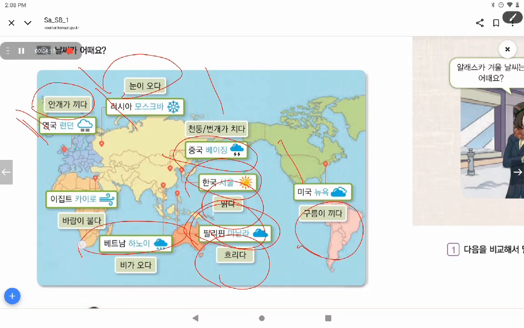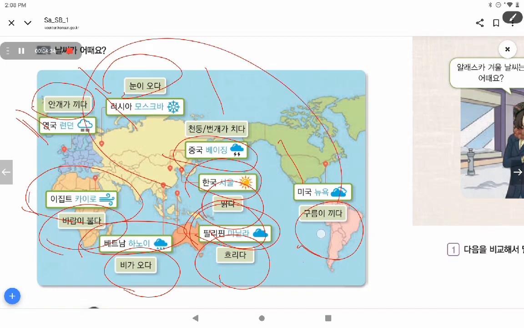Vietnam, Hanoi, 비가 오다, it's wet or it's raining. Egypt, Cairo, it's a windy season, so 바람이 불다. These are the examples of different weathers in different countries.